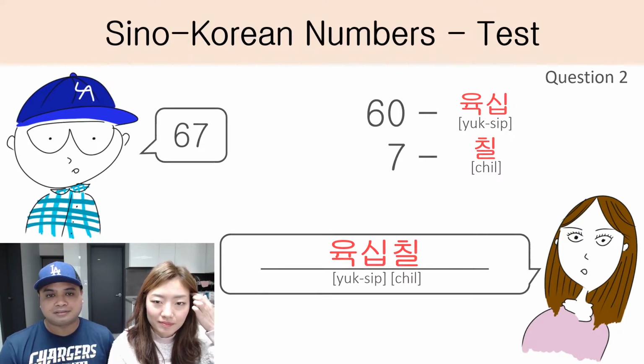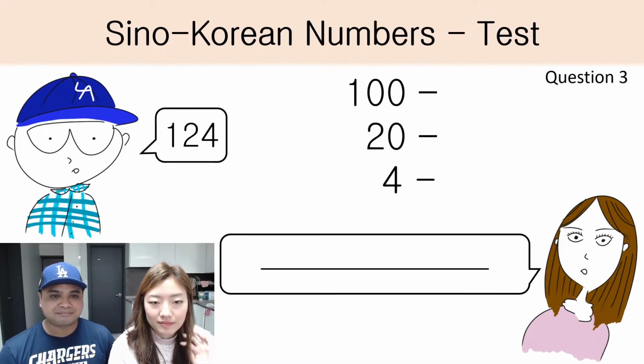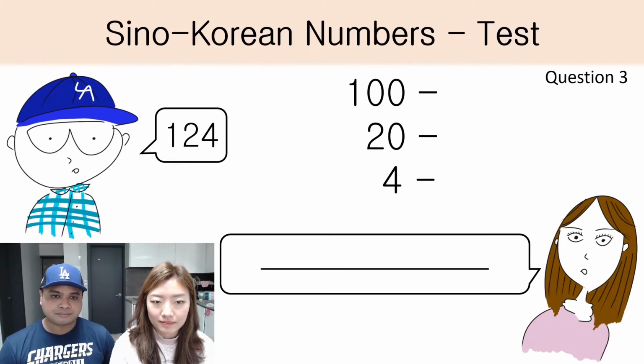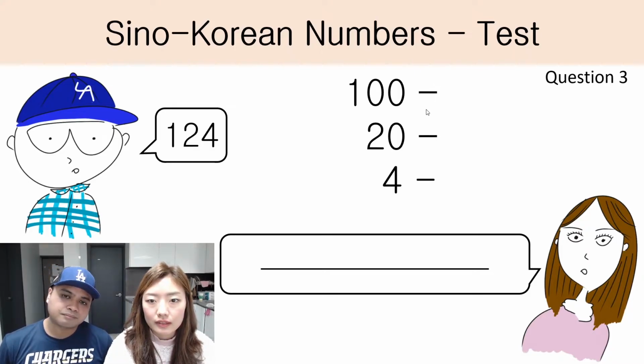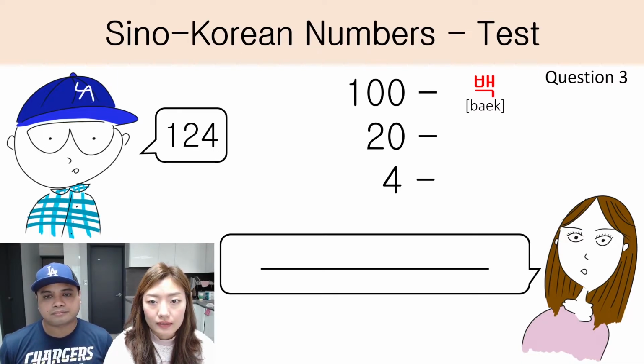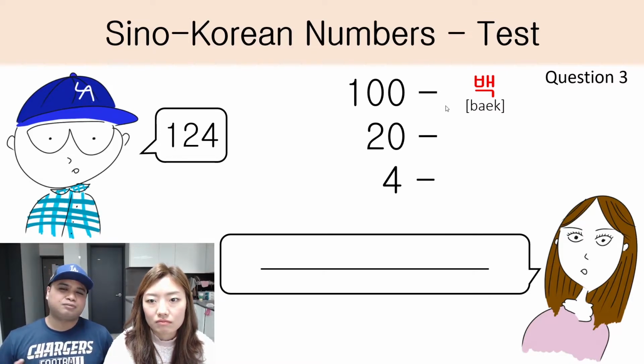Here's question number 3. Here, break it down. And for 100 is 100. We don't say like one 100, you know? We don't need to say 1 before 100.